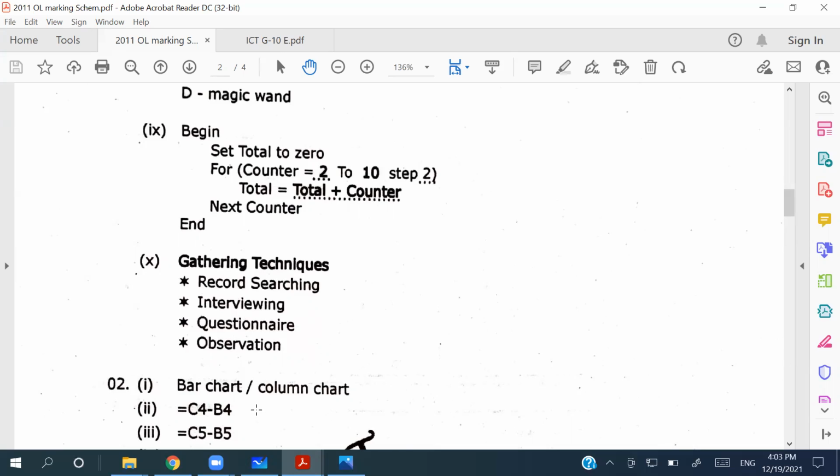Send me your mark as well, out of 20. Anyone who got 20 out of 20? Okay, Tamadi, that's a good mark. How about others?